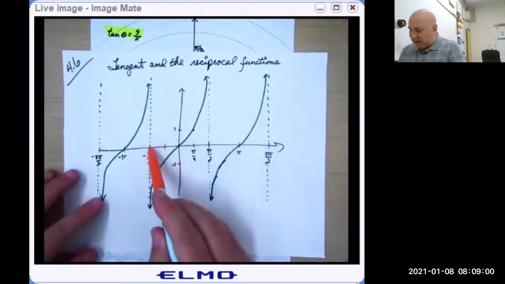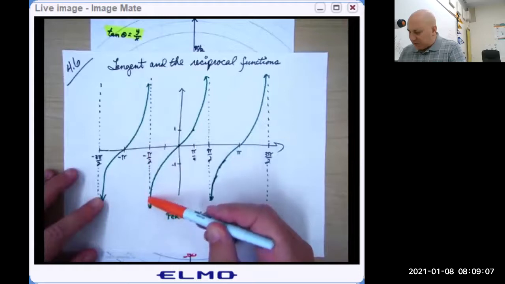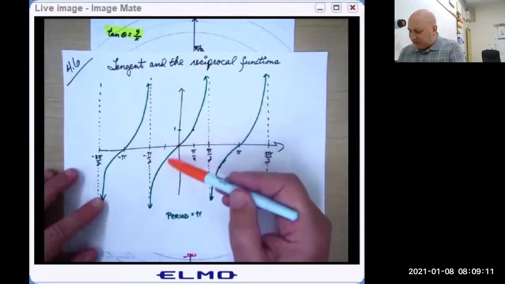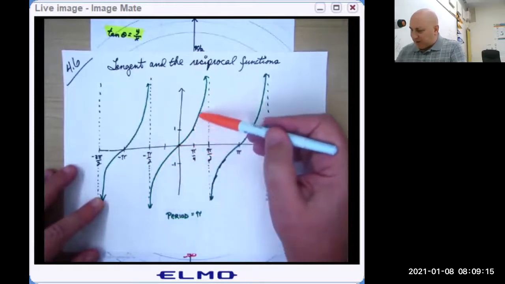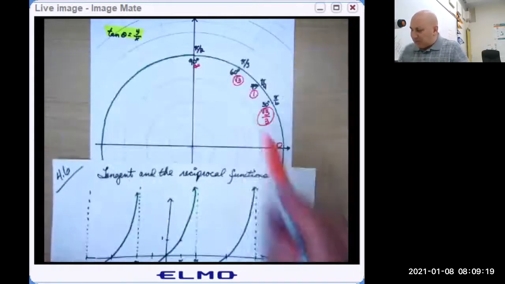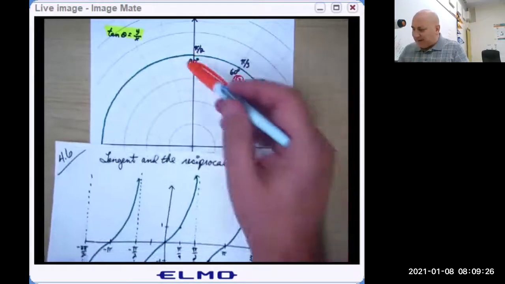Here at -90 degrees or negative pi over 2, we're approaching -infinity. The graph gets bigger, bigger, bigger. At 0, the tangent is 0. And then as we approach pi over 2, we get to positive infinity. Then as soon as we cross pi over 2, now our x is negative, so y over x, positive over negative, would be negative.